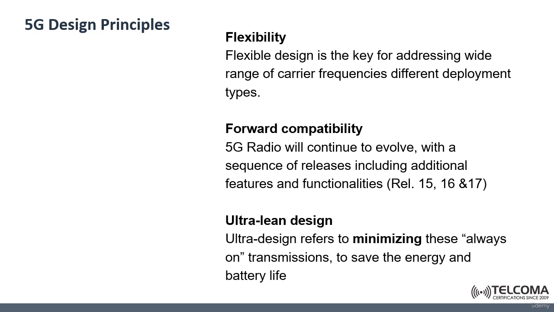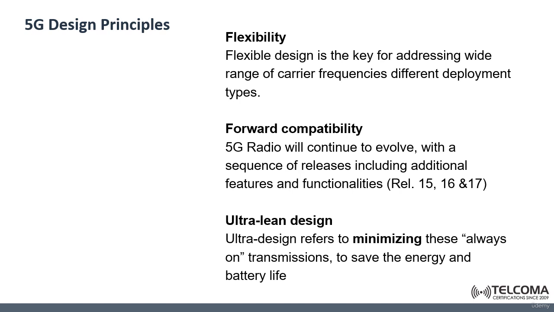The third concept for the 5G design is the ultra-lean design. As we already know, mobile networks transmit certain signals at regular intervals, even when there is no data to transmit to the user.